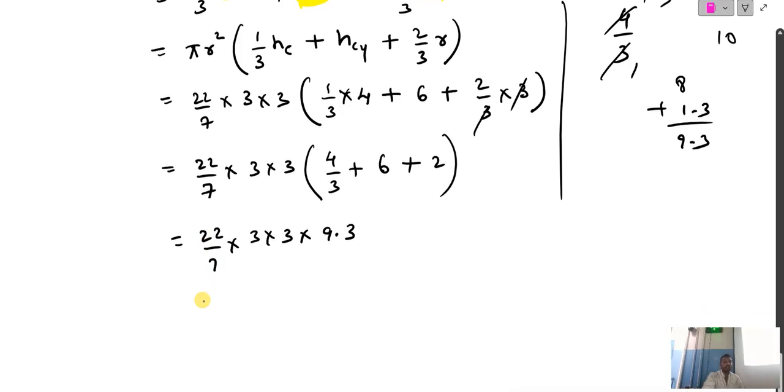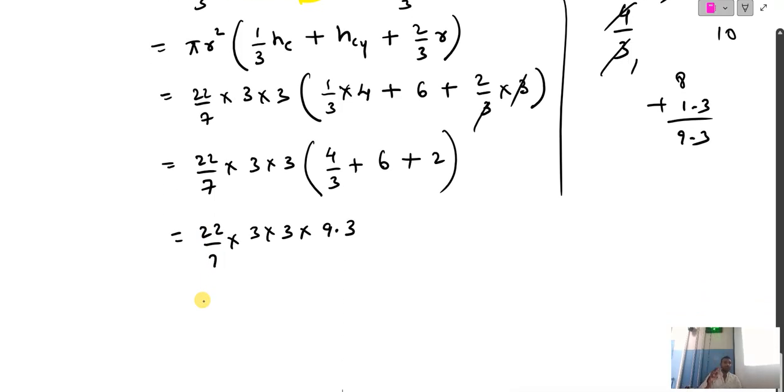No, we have to check. If it is not getting cancelable, then we have to take 3.14. If it is getting cancelable, we have to cancel them. So we have to take this step till the last. When we get to know it is not cancelable, 22 by 7 with any other term, now we should take that value. It's not cancelable. Now we can take 3.14 into 3 into 3, 9, into 9.3.